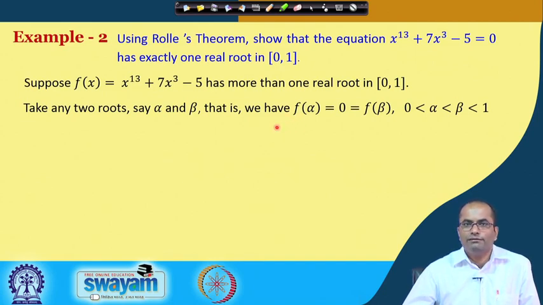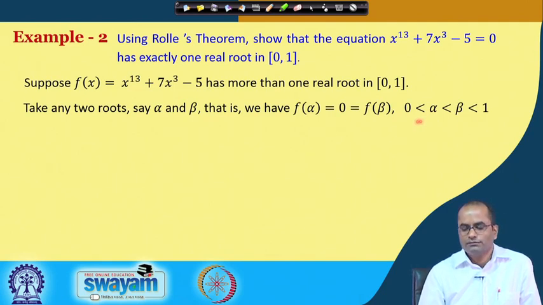Since alpha and beta are roots, f(alpha) will be 0 and that will also be equal to f(beta). Both are roots, so the function is 0 at alpha as well as at beta.